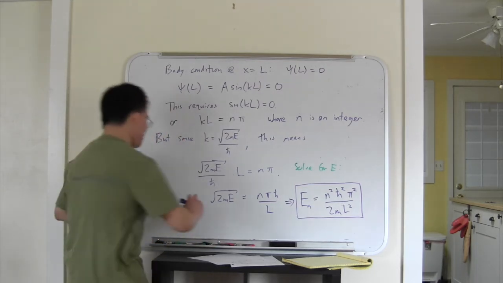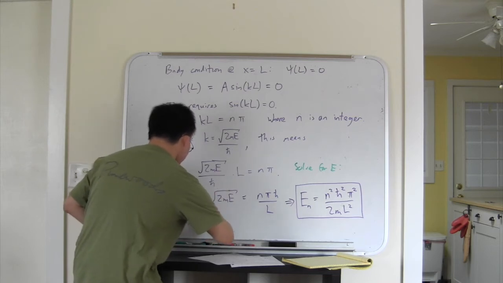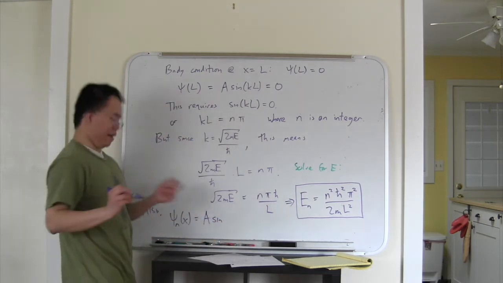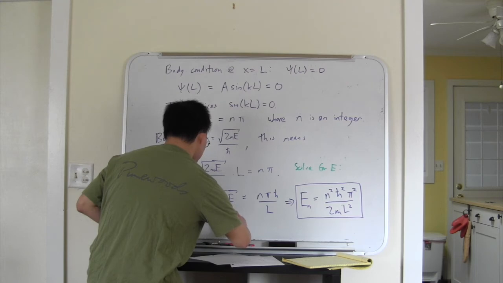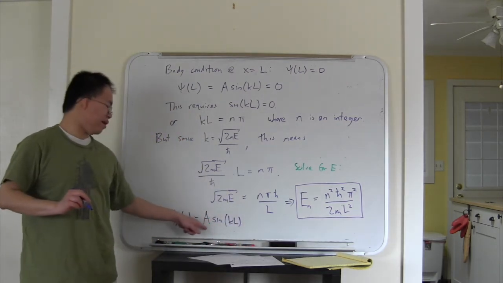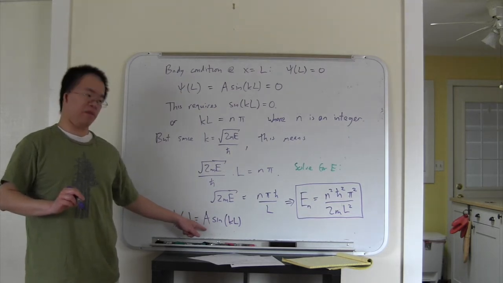That's going to be A sine kx. Now that A is going to end up being determined by normalization.